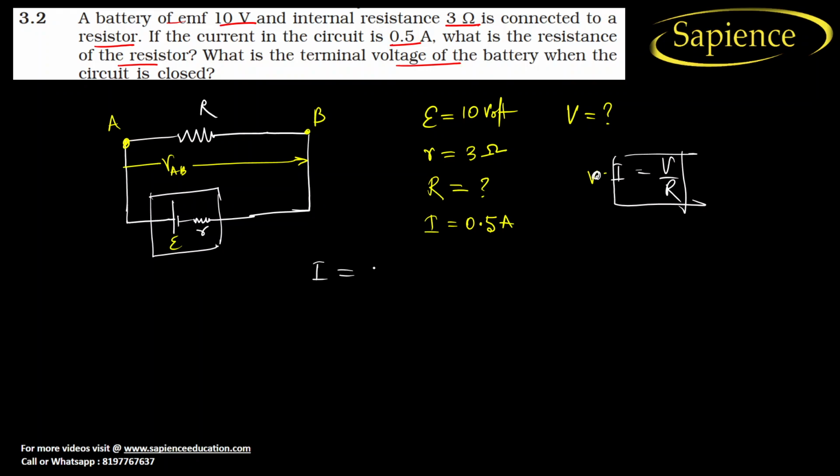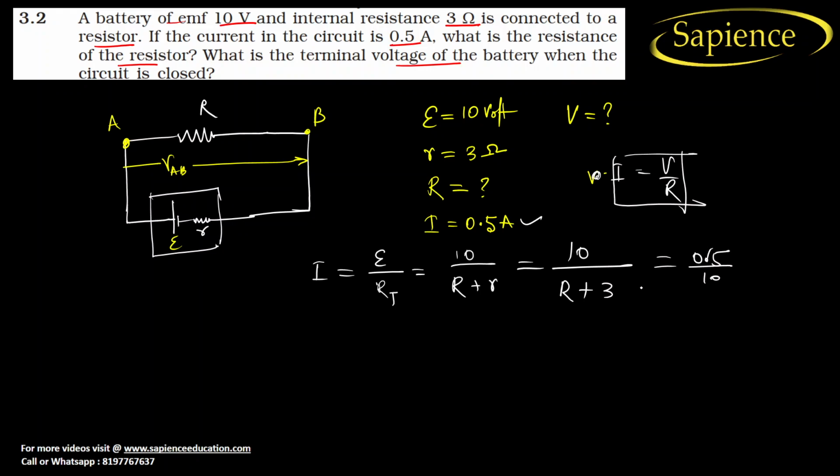What type of formula will we use? I is equal to EMF divided by total resistance, and this is equal to 10 volt divided by total resistance, meaning external resistance plus internal resistance, which is small r. So again put the value. This is 10 volt, and external resistance is R plus internal resistance is 3, and this whole is equal to the current which is given as 0.5. So just do it.